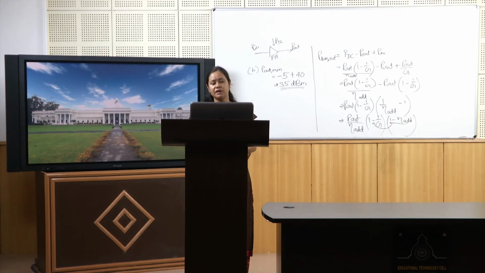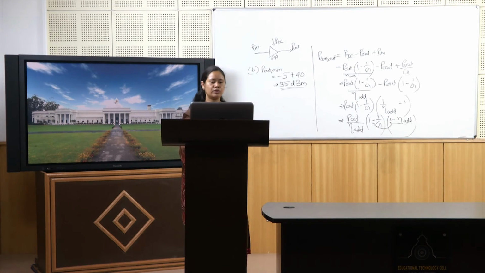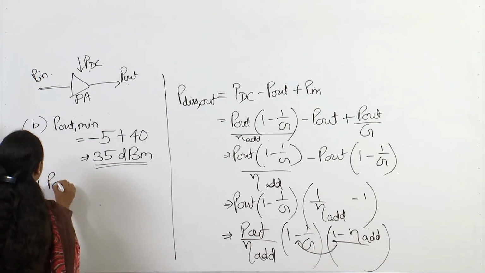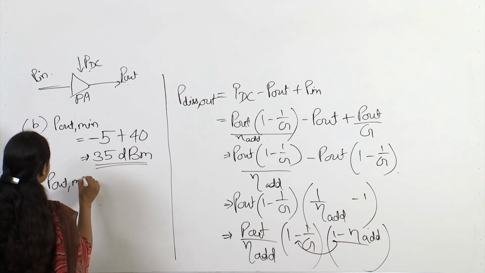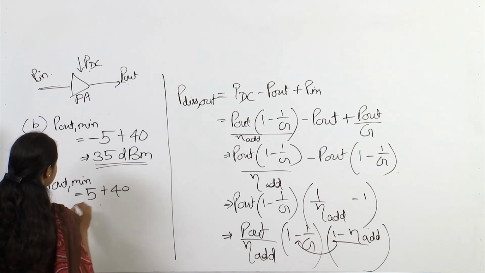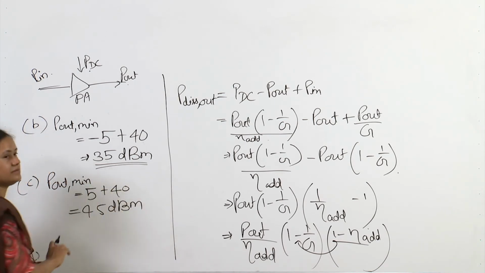Now what will happen if we apply input power with an average power of plus 5 dBm? What would be the minimum output power? Now if we do the calculation for the C part, P out minimum will be 5 plus 40, which will be 45 dBm by calculation, right?